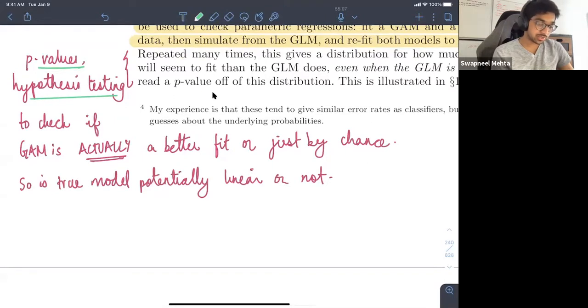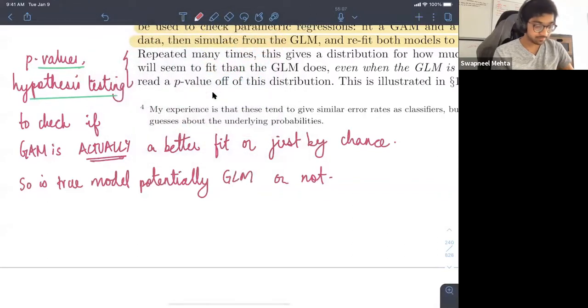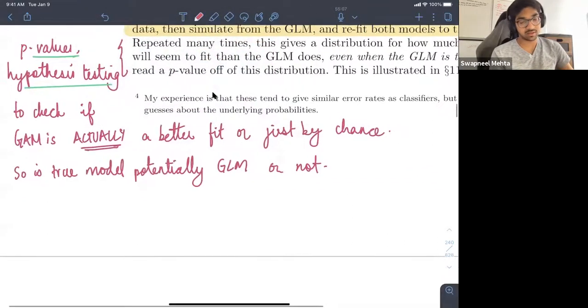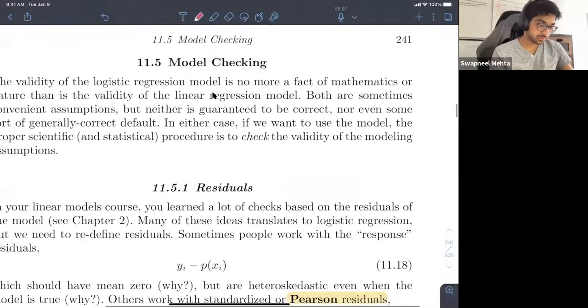So is the true model potentially, well, I shouldn't say linear, GLM. You should be very specific about what you're saying.